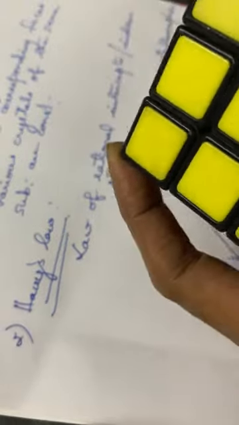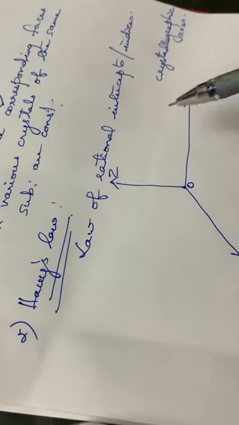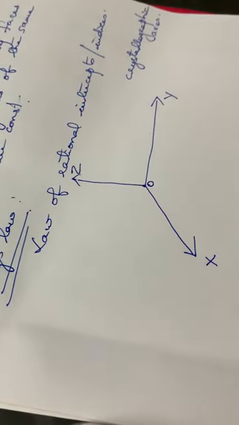So this is one corner, and we can denote this point by O. Then this is one edge length, that is one axis, the OX axis, this is the OY axis, and this is the OZ axis. OX, OY and OZ are the three crystallographic axes.